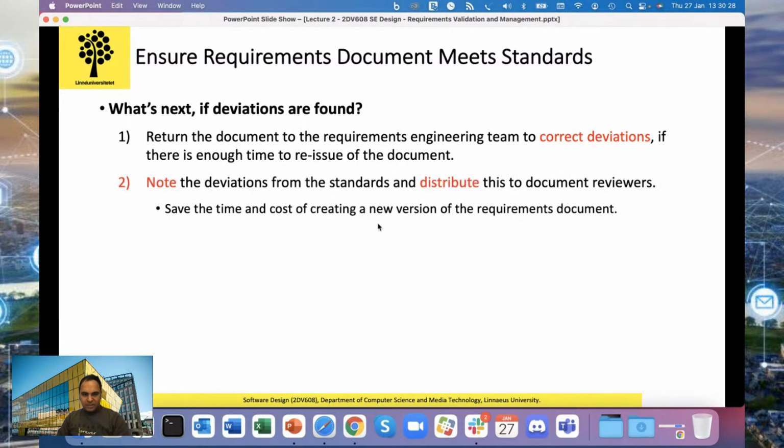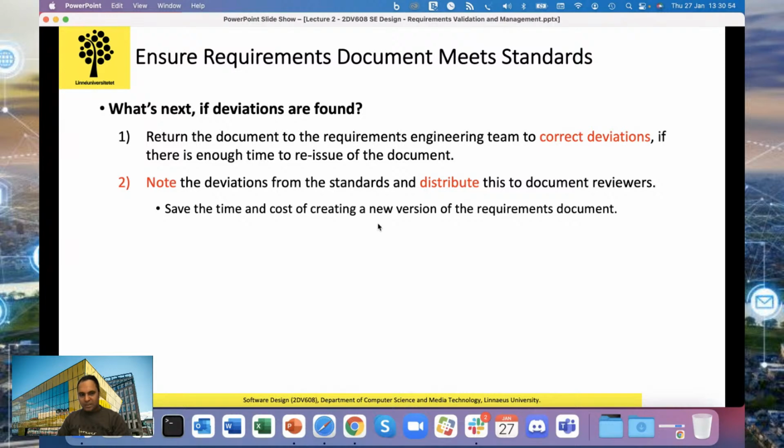So the second solution is to note down those problems in the requirements document or in a separate document, and then provide these to the formal reviewers, because as an analyst you are only checking whether your requirements document meets the standards.